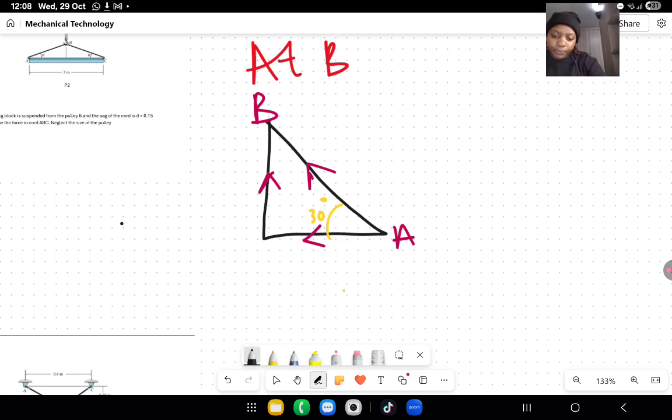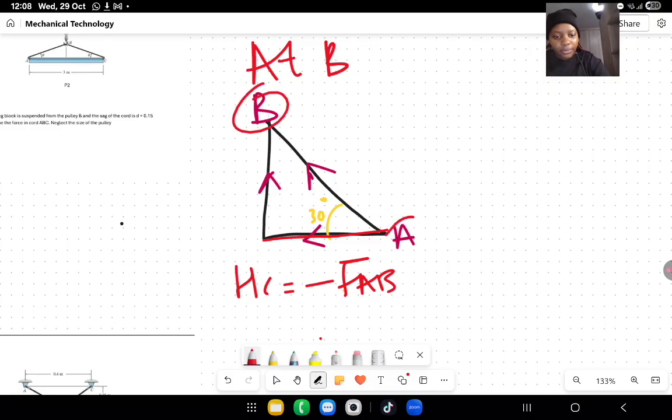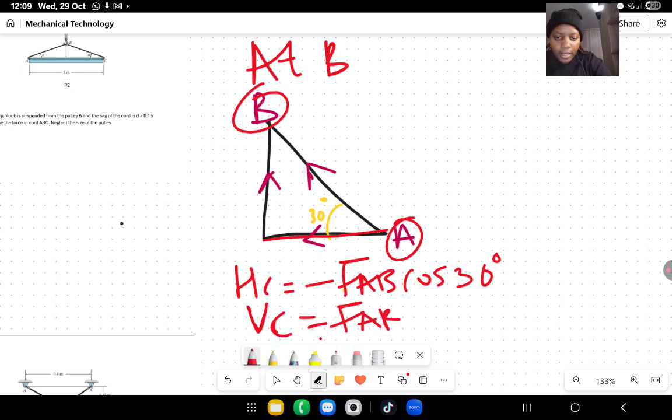For our horizontal components, you can see that this is going that side, which will be negative FAB cos 30 degrees. Then our vertical components equals FAB, since it is going up, it will be positive, the sine of 30 degrees.